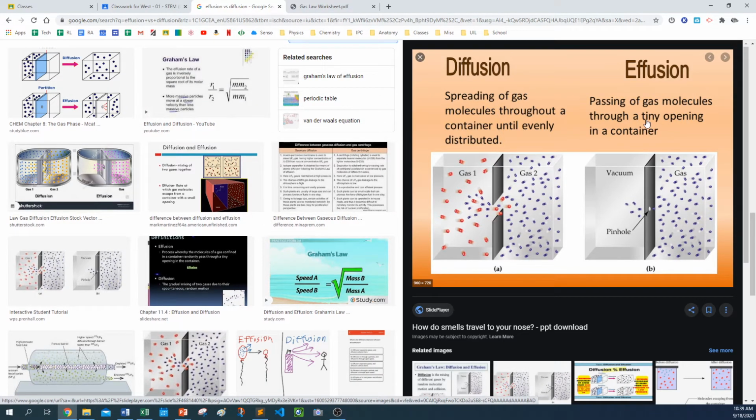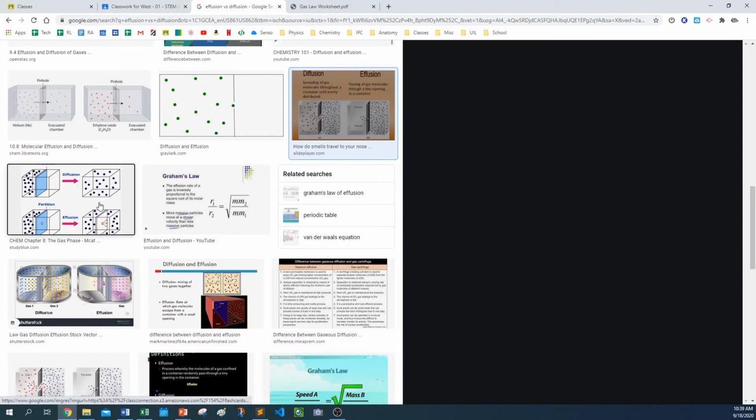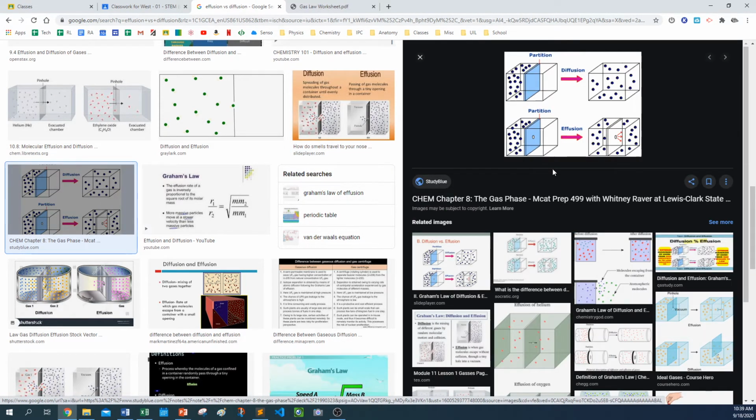Effusion is the passing of gas molecules through a tiny opening in the container. So another way of saying that, if we have a partition separating the gas on one side and a vacuum on the other, if we remove this partition, then the gas molecules are going to spread out by diffusion.